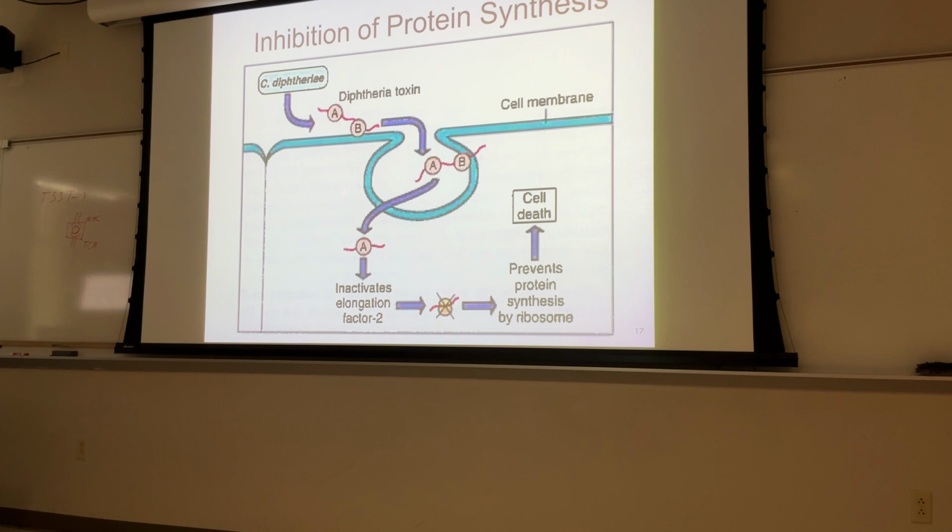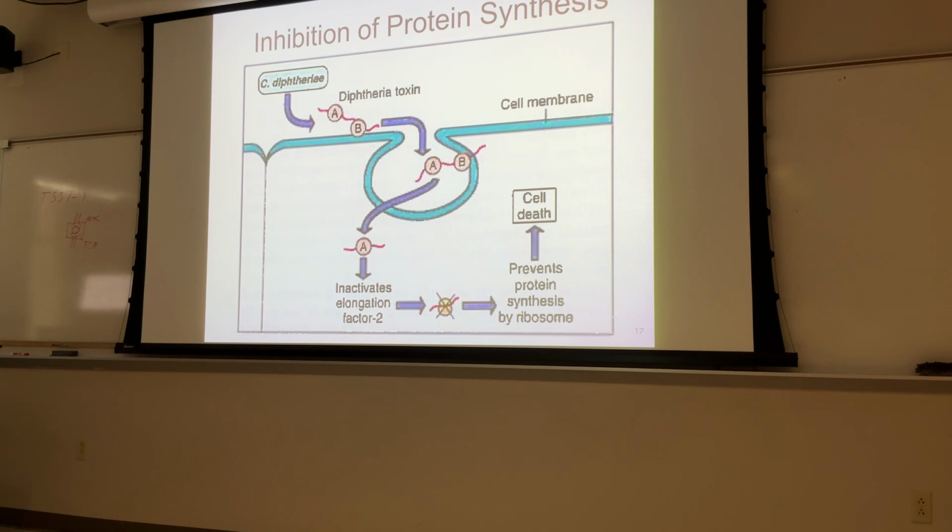Okay. So when you talk about some of these toxins individually, this is how the diphtheria toxin works. A lot of these toxins, you'll see the components labeled as A and B. The way I tell people to remember this is A is the active part of the toxin, and B is the binding part. B is what allows the toxin to bind onto whatever target site it's targeting, and A is what causes the response.